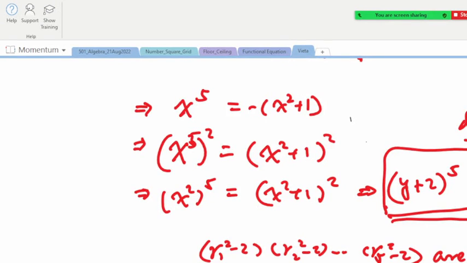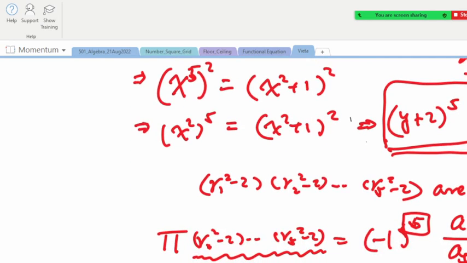There's only one. No, there's 5. 5 terms, right? Then we need to use A0 over the A, which is 5, right? So now let's see, after expanding this, what is the A0? A0 is 2 to the 5 on the left side and 3 to the 2 on the right side.